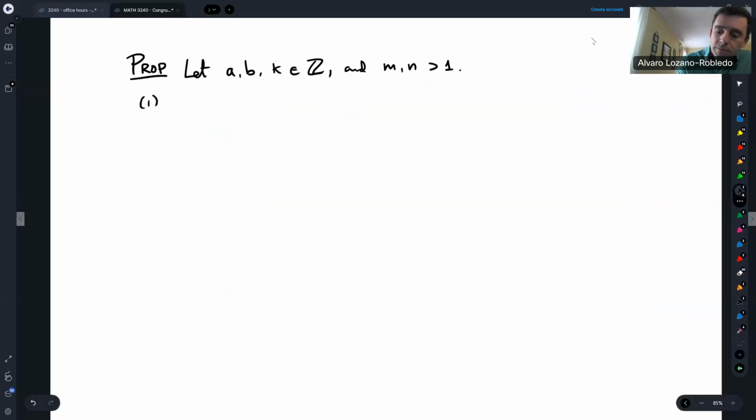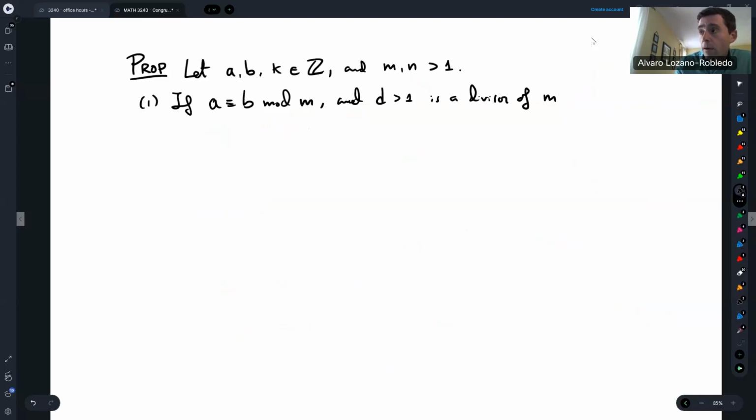Then first, if A is congruent to B modulo M, and D is a divisor of M, then what is true is that A is congruent to B modulo D. So if D is a divisor of the modulus, then I can reduce also and get a true congruence modulo D. We'll see examples of this in a second.